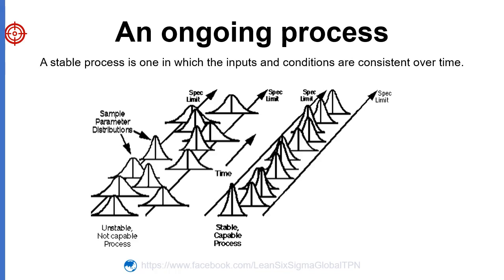To keep the process stable, we could regulate the temperature or alter the process so that it is no longer sensitive to temperature variation. And a stable process is said to be in control.